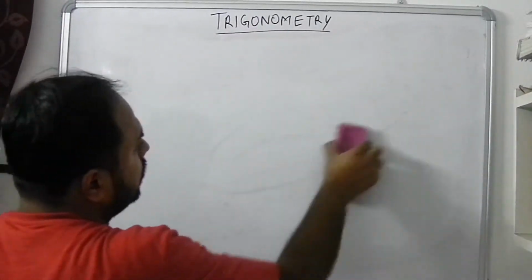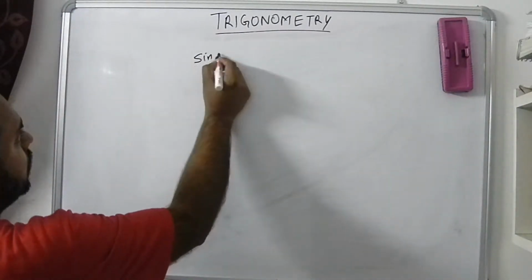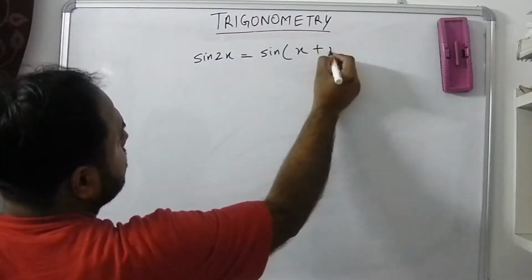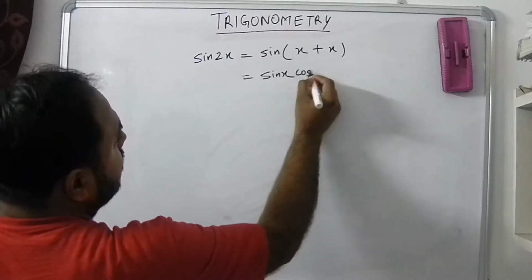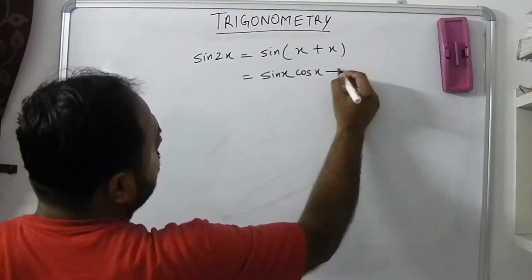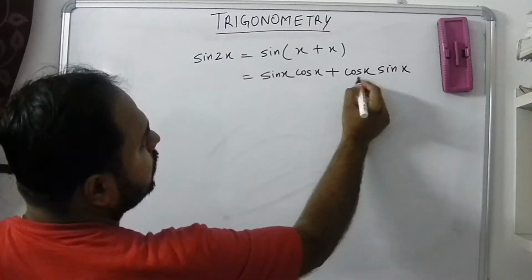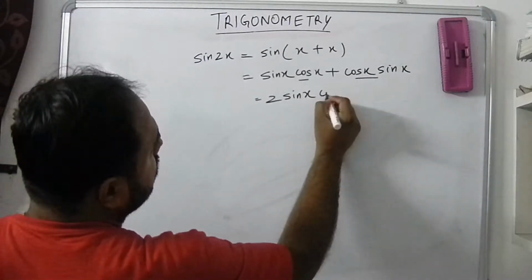Okay. Now, since we did it for cos 2x, let's do it for sin 2x. Sin 2x is nothing but sine of x plus x. It gives sin a cos b plus cos a sin b, right? Both the terms are the same, so it becomes 2 times sin x cos x, right?